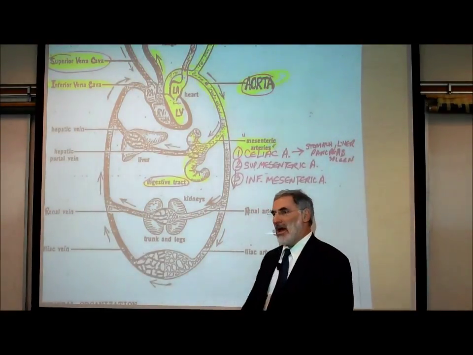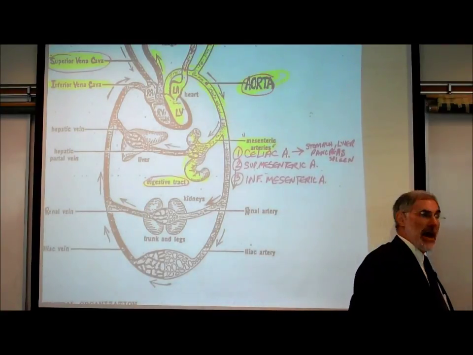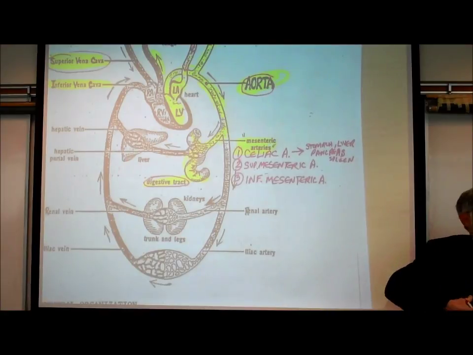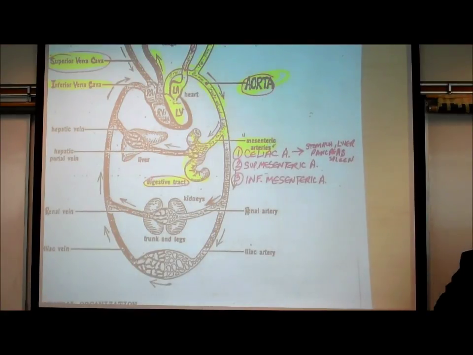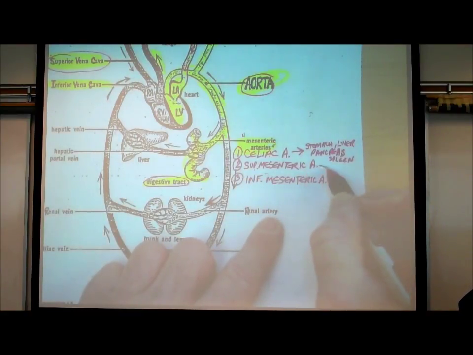Really what it's supplying is the big organs in the upper part of your abdomen. Because in the upper part of your abdomen, as we know, are your stomach and liver and pancreas and so on. The superior mesenteric artery is carrying oxygenated blood to the small intestine.